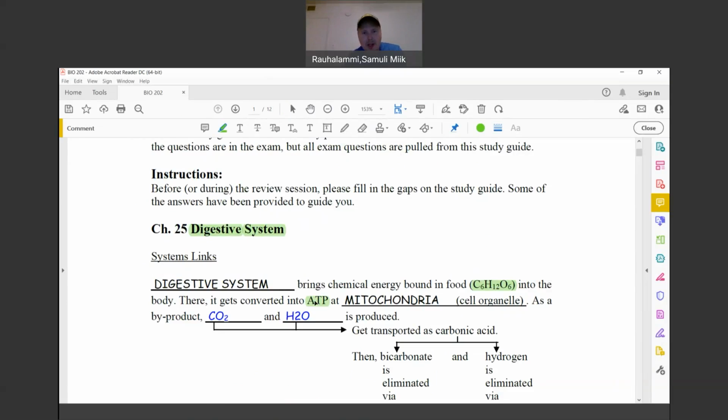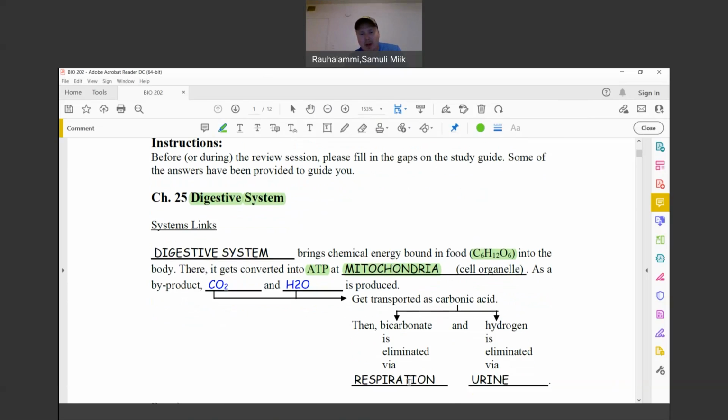And this happened, of course, at the level of mitochondria. We've talked about that structure in our introductory level courses. But one thing that we'll end up seeing is that as a byproduct, we are left with carbon dioxide and water. Those need to be eliminated from the body, and that's where the respiratory system and urinary system, which we had a look at earlier on, step in.